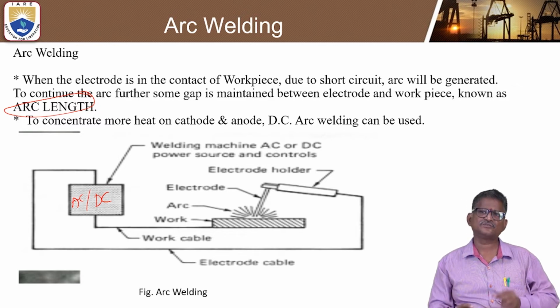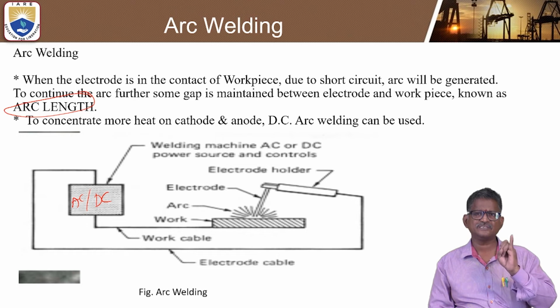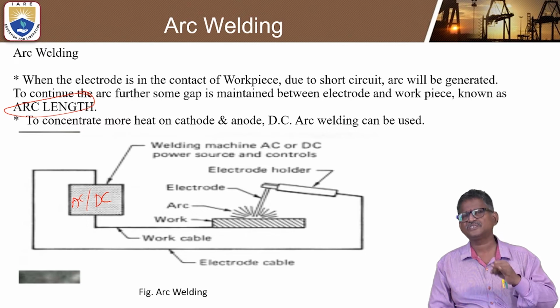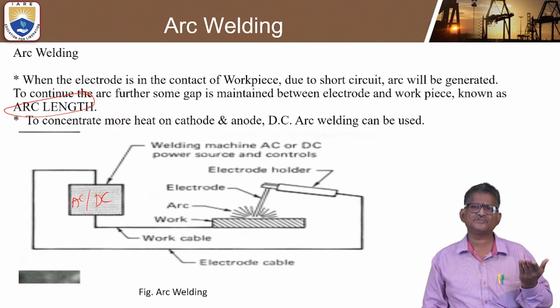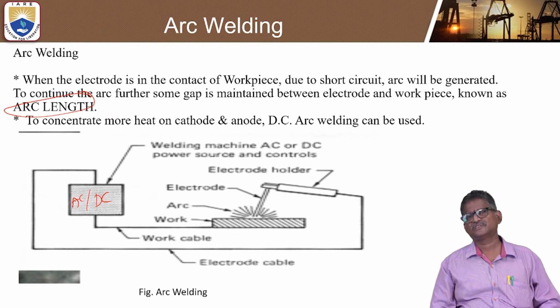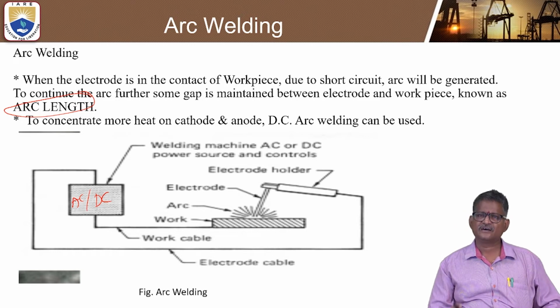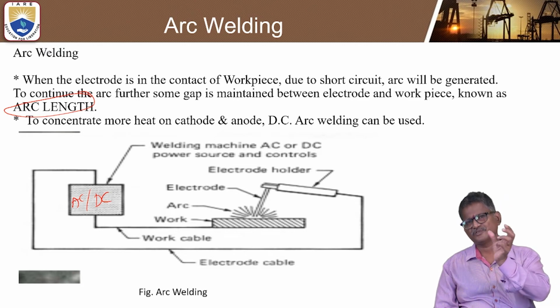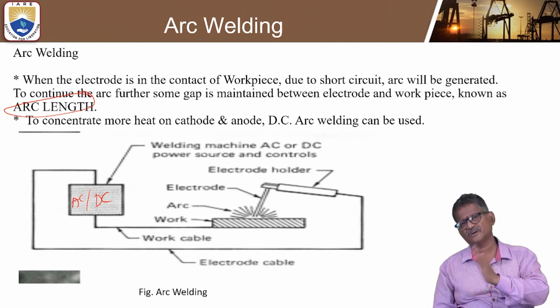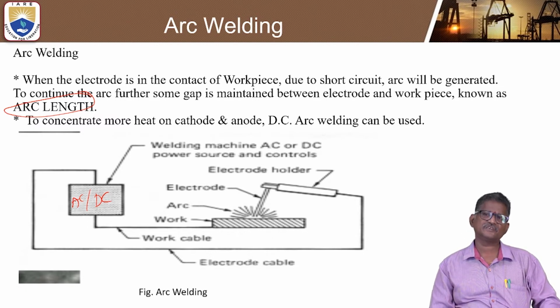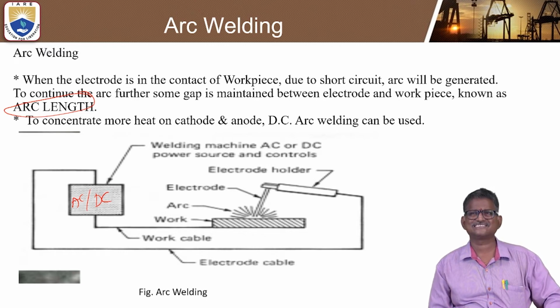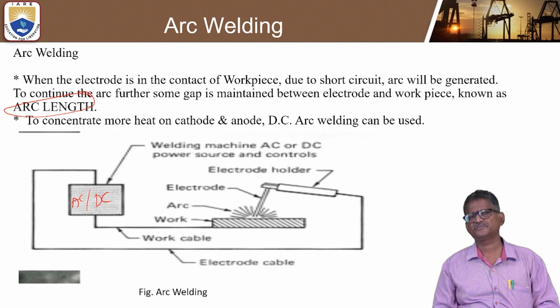So here two terms are very important: one is arc length and the other is the cathode or anode, how much heat can be applied in DC arc welding. Obviously, with AC, less heat is put on the anode and cathode. With this principle, let us study the components of DCSP or DCRP, the negative or positive polarity of the workpiece and electrode. We'll discuss this in detail so that you can understand clearly.